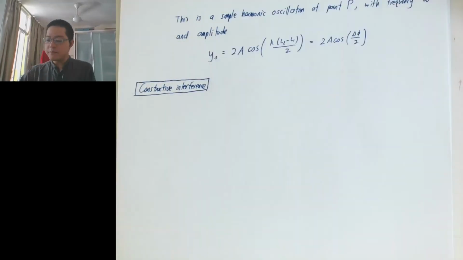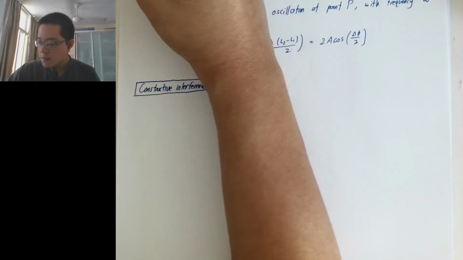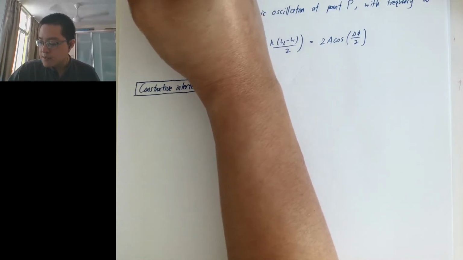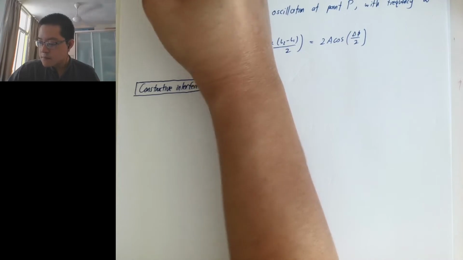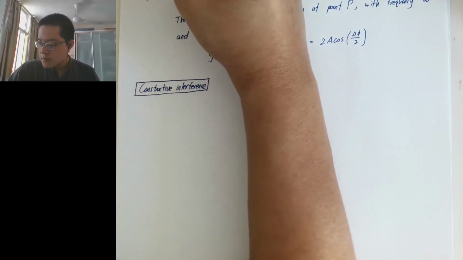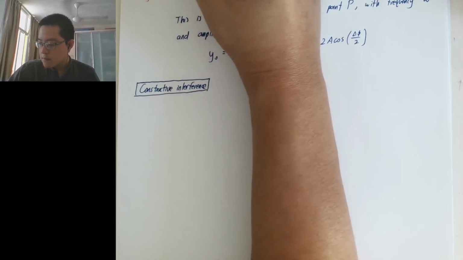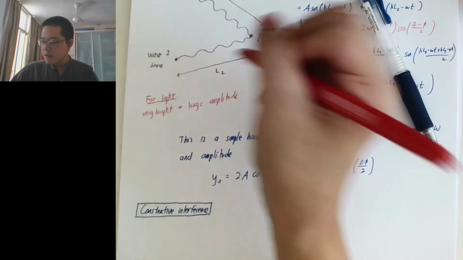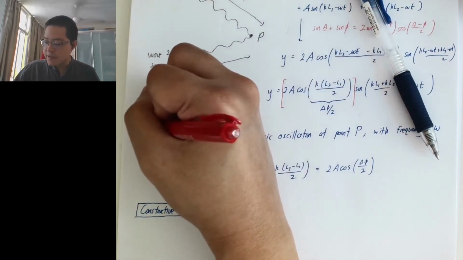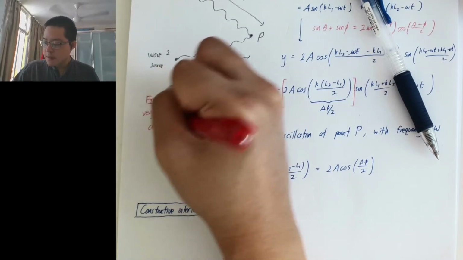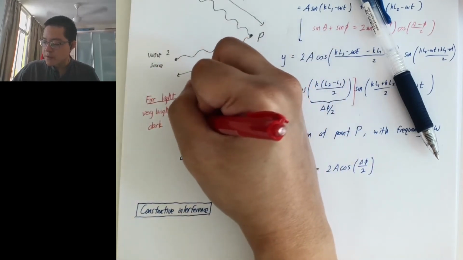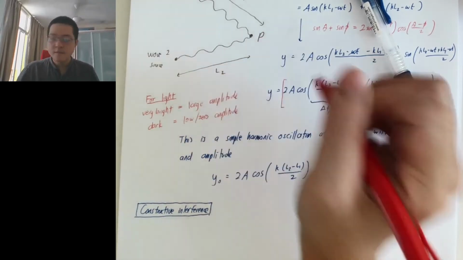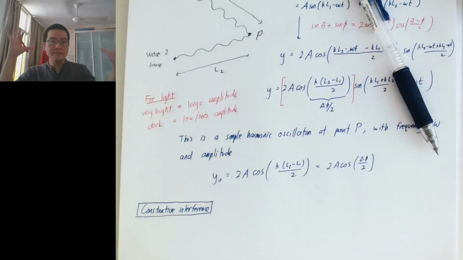Remember, when we're talking about light, very bright means large amplitude of the oscillation, and dark means low amplitude or zero amplitude. So the amplitude of the wave is the brightness.